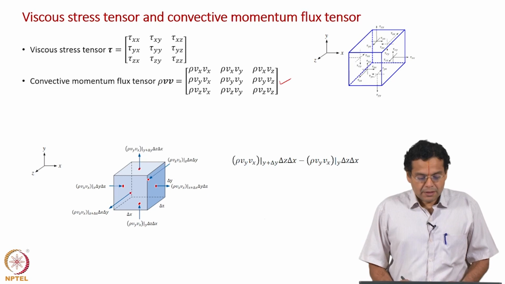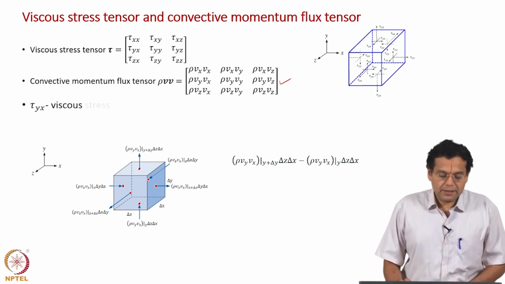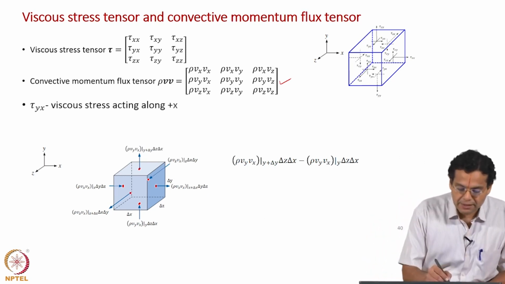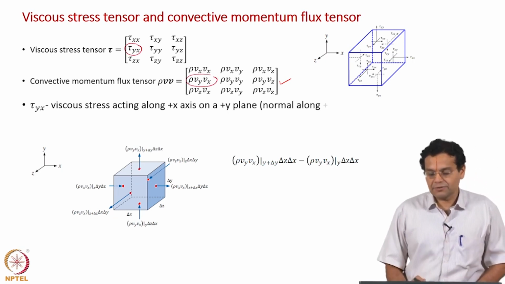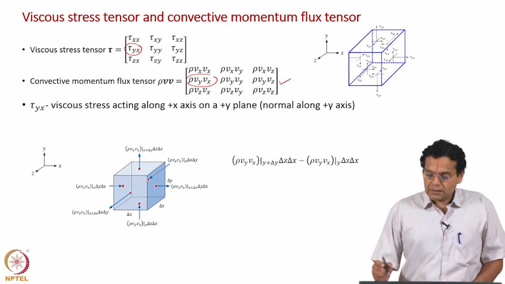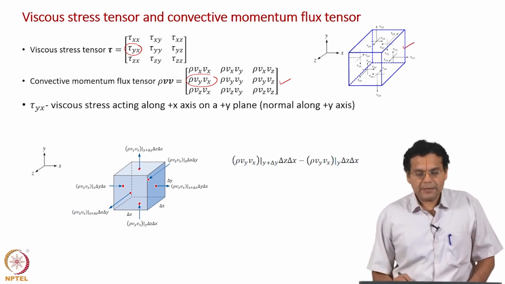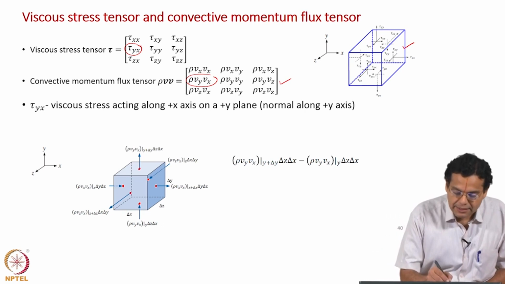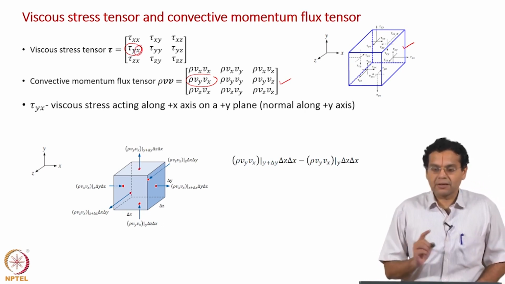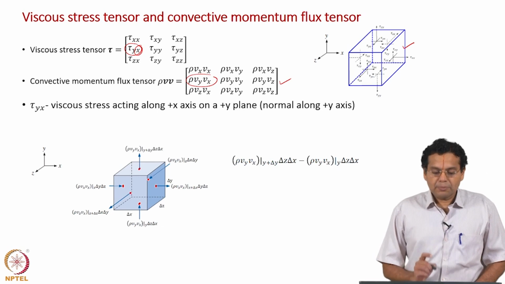How do you interpret this? For example, I am going to take tau yx, and I am going to take rho vy vx for the case of illustration. The stress element is shown here. How do we interpret tau yx? Because it is positive, it is a viscous stress acting along the x axis, as the second subscript tells the direction. So, it acts along the x axis on a positive y plane.